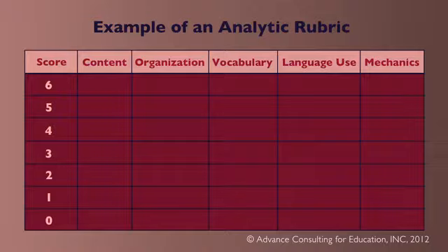So for writing, you might have a column for content, one for organization, one for grammar or form or accuracy, another for vocabulary, or any other subskill that you decide is important to assess in your context. And although we weren't able to add descriptors in this particular example because it would have made it too long, the middle part of the table usually contains descriptors of each of the subskills at each of the proficiency levels. Just like holistic rubrics, analytic rubrics have advantages and disadvantages.